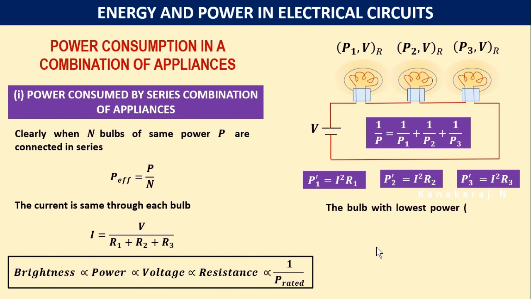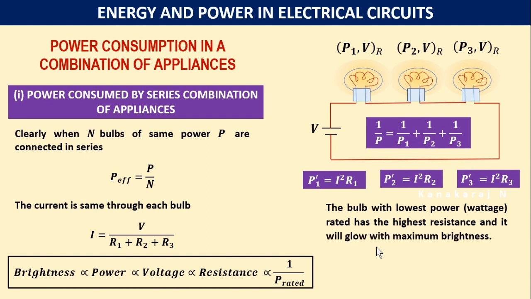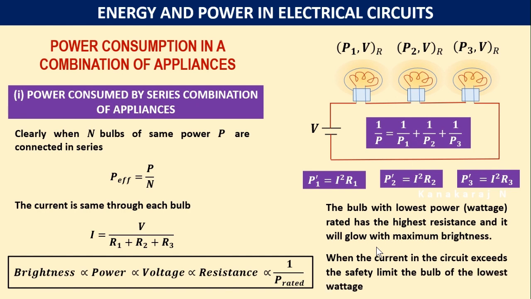The bulb with the lowest power rating has the highest resistance and it will glow with maximum brightness. So power rating and resistance are inversely proportional. Correct? Okay, good. When the current in the circuit exceeds the safety limit, the bulb of the lowest power rating will fuse first.